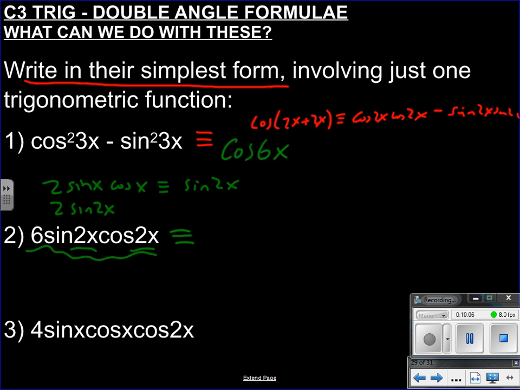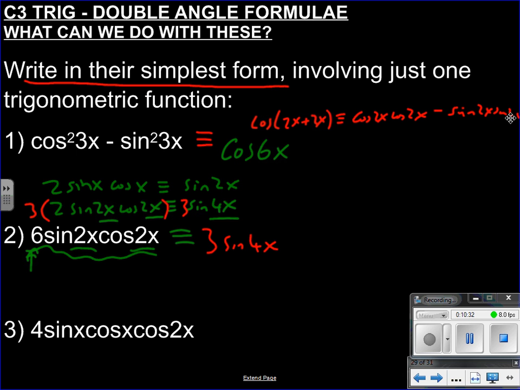That's right, say it nice and loud, we have to change our angle. We have to double the angle, because it's half the angle here. So it looks very much like sine 4x, except it's got a 6 on the outside. So therefore, we just need to times it by 3. So 3 sine 4x.